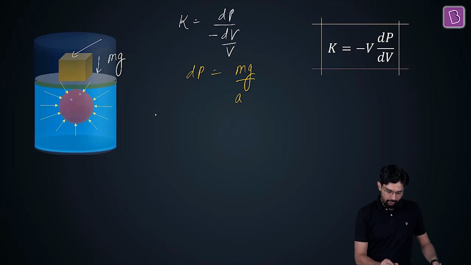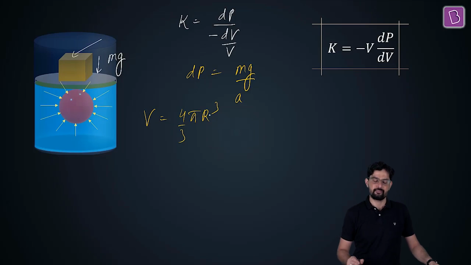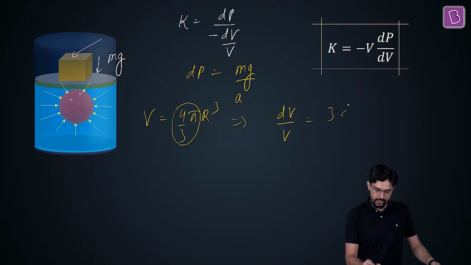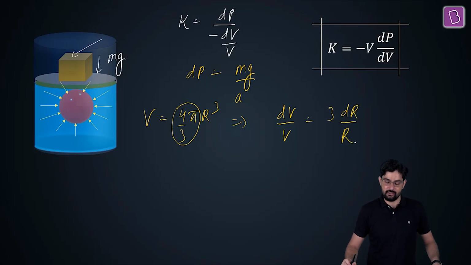So we know that the volume of a sphere is 4 by 3 pi r cubed, right? And can you see from here, dV by V is going to be equal to, 4 by 3 pi is a constant, and this will be 3 dr by r. And we are almost done.